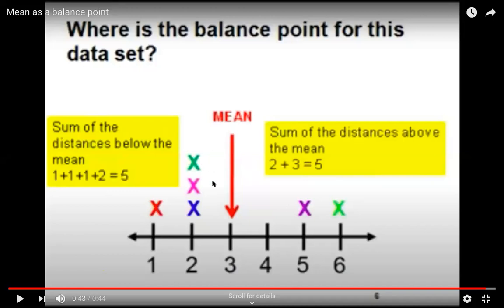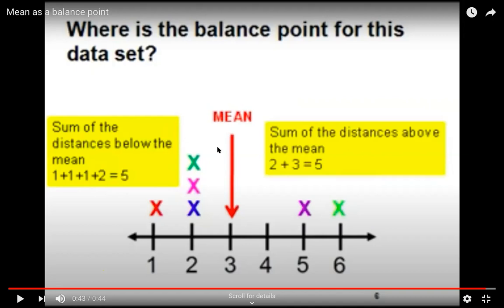If I look at this green cross, Badr, if I want to jump to the mean, how many spaces do I need? 1. So this is 1. Now, the purple one needs how many spaces? 1, so that would be 2. The blue one? 1. So 1, 2, 3. Do you agree with me? Yes. Now the red one here, it needs 1 space to reach 2, then another space to reach 3. So that would be 2 spaces.